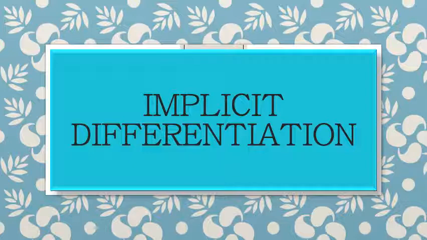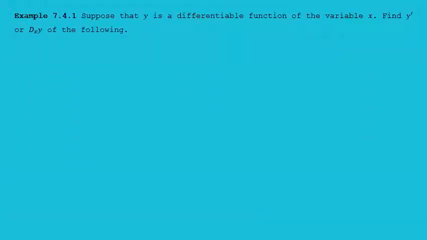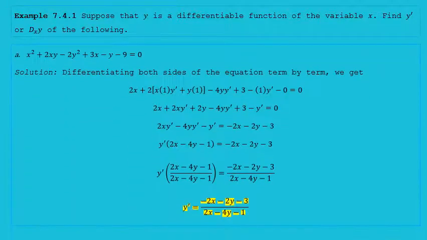So we shall now illustrate how this process is. For example, suppose that y is the differentiable function of the variable x. Find y prime of the following. First is x squared plus 2xy minus 2y squared plus 3x minus y minus 9 equals to 0.